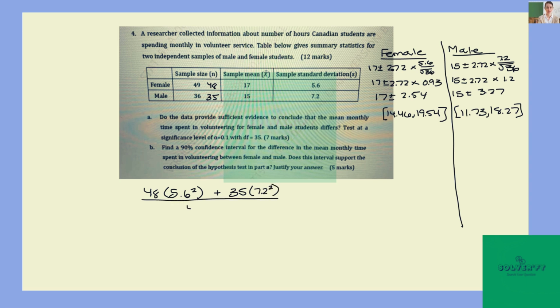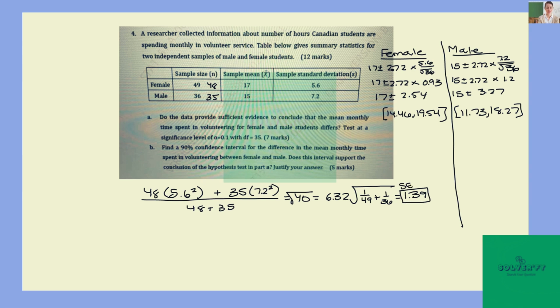Then you're going to divide that by 48 plus 35, and you're going to get 40. And then you're going to find the square root of that, and that's going to be 6.32. And then you're going to multiply that by the square root of 1 over 49 plus 1 over 36. And you're going to get 1.39. That is your standard error.